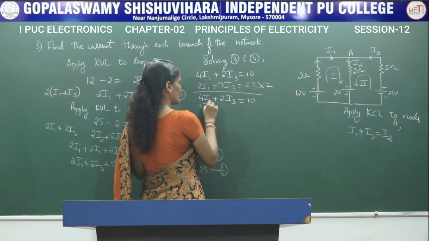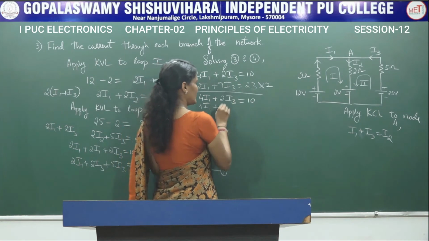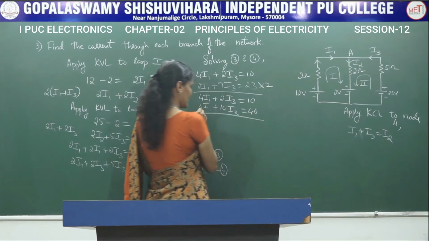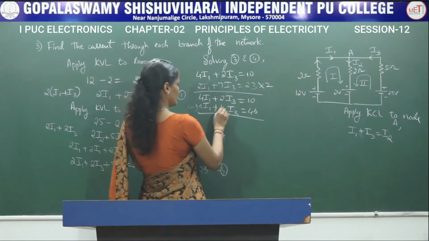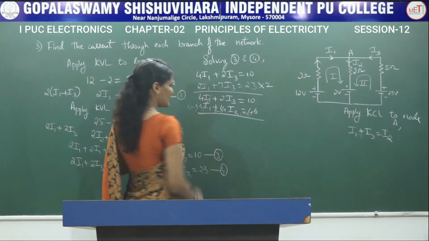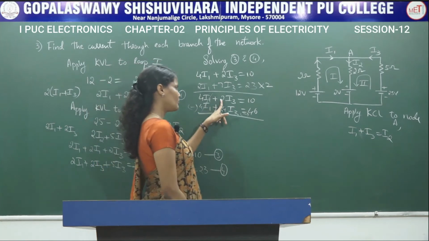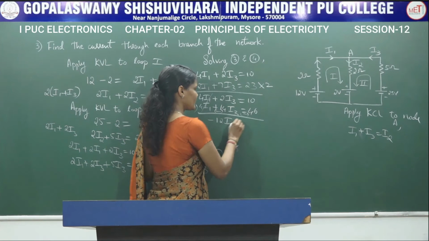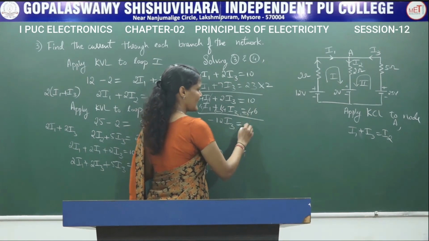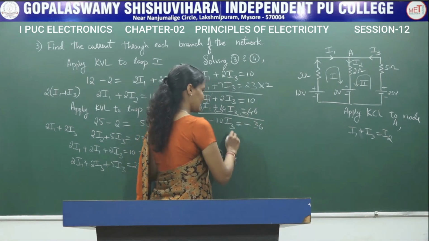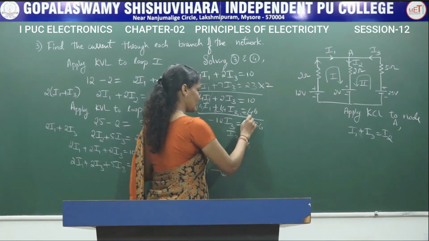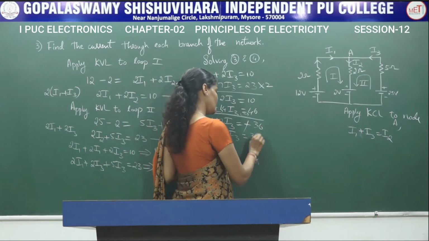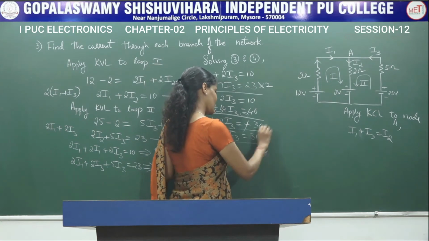Then 2 into 2, that is 4I1, plus 7 into 2, 14I3, is equal to 46. Let me change the sign. So the I1 terms get cancelled. 2 minus 14 gives me minus 12I3, and 10 minus 46 gives me minus 36. So I3 is equal to 3 amps, as the minus signs cancel.